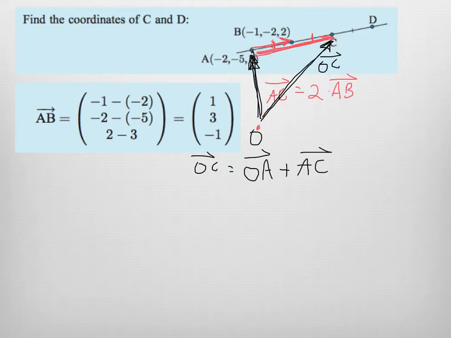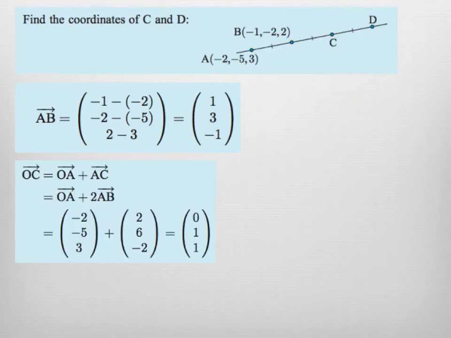We did that when we did geometric operations with vectors, and the same thing applies in 3D vectors. So once we have this relationship set up, and we know that AC is going to be 2 times the vector AB, then we can simply do some adding of components to figure out OC. OC turns out to be OA plus AC.